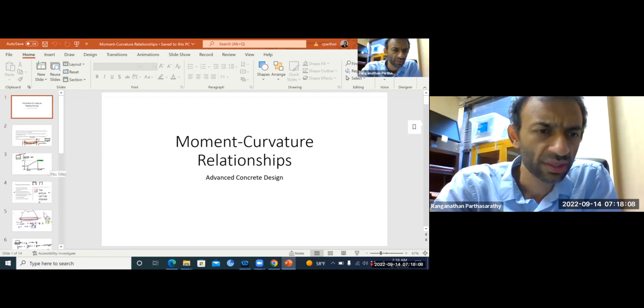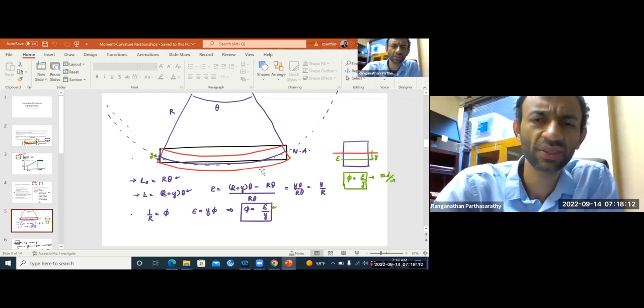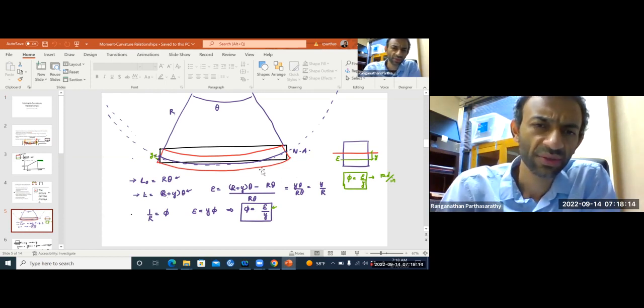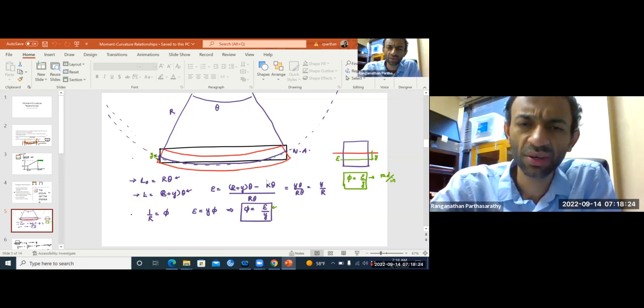All right. So then we went over briefly what is curvature. Your curvature formula is the strain at any given depth from the neutral axis divided by y, the depth from the neutral axis. So how did we get that? That is just based on the classical beam bending analysis.